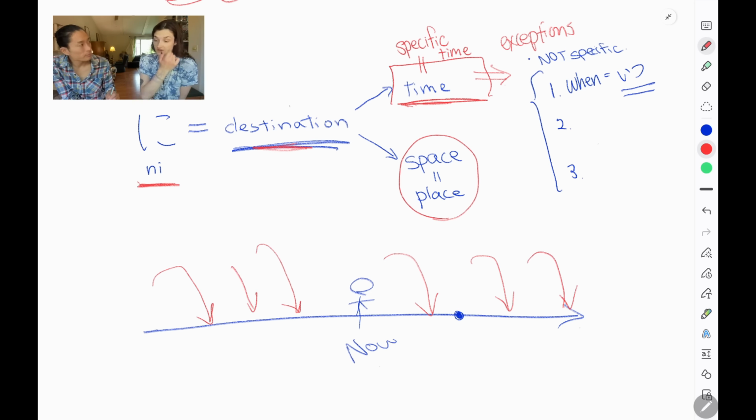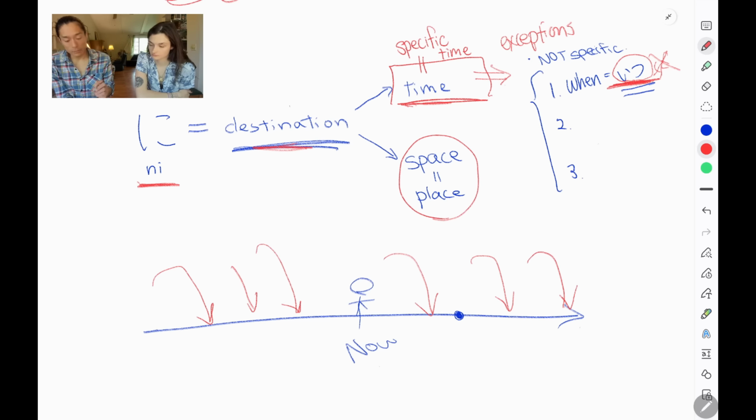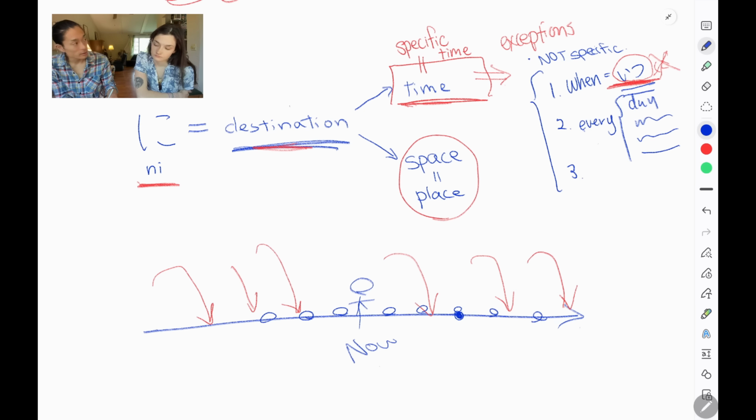It's not specific. Second one, whatever words that have every, like every day, every month, every week, every year, because it's every, right? It's repetition, it continues. So there's many destinations, right? Every day I study, then that's many destinations.